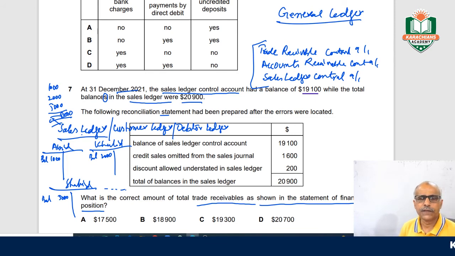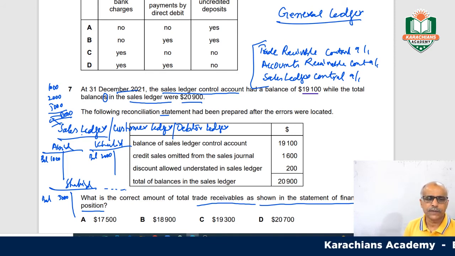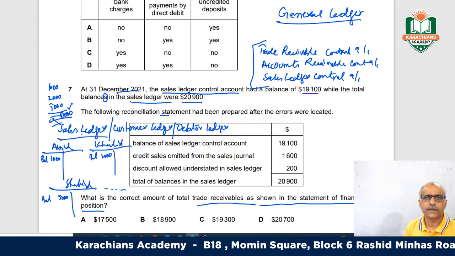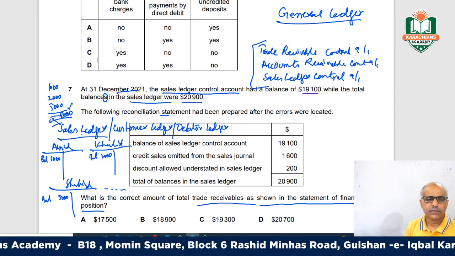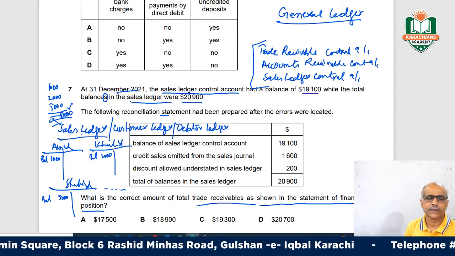So the total of the individual balances of your customers' accounts is called the total sales ledger balances.